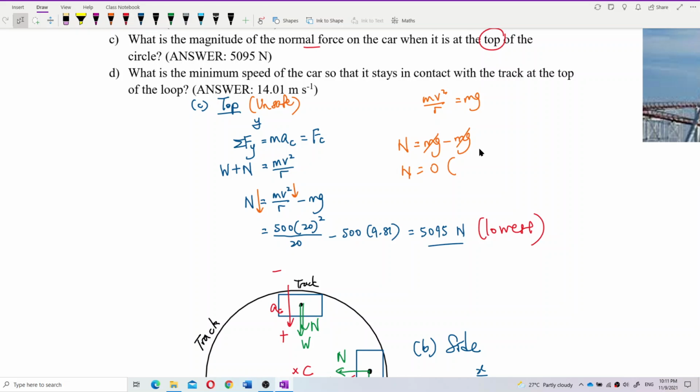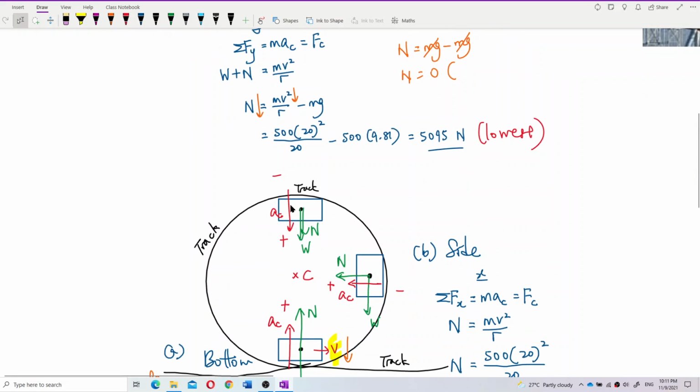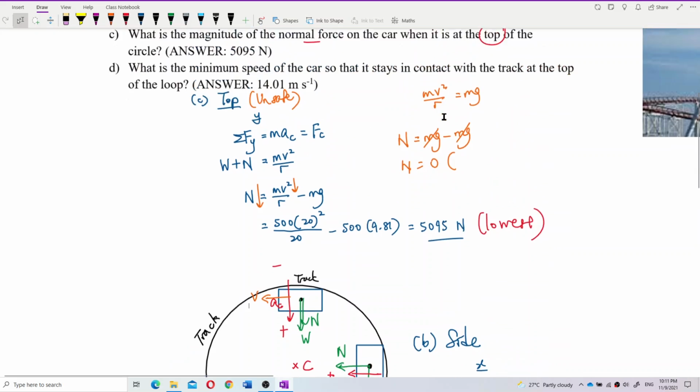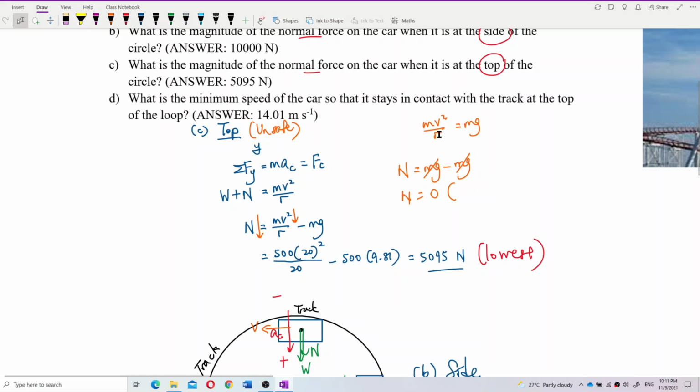That means if the speed of the car is too slow, at this point it loses contact with the track.